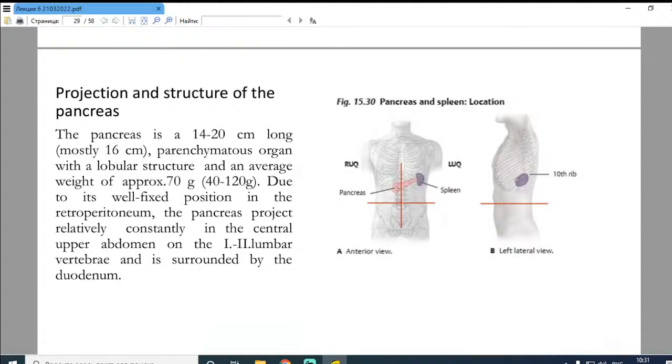Due to its fixed position in the retroperitoneum, the pancreas projects relatively constantly in the central upper abdomen on the second lumbar vertebra and is surrounded by the duodenum.